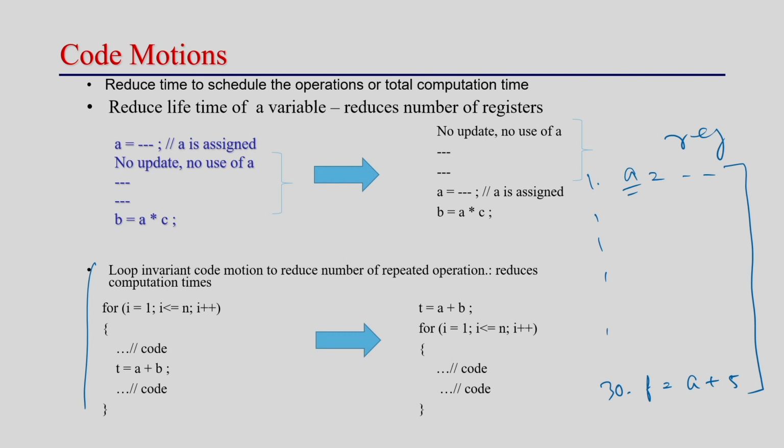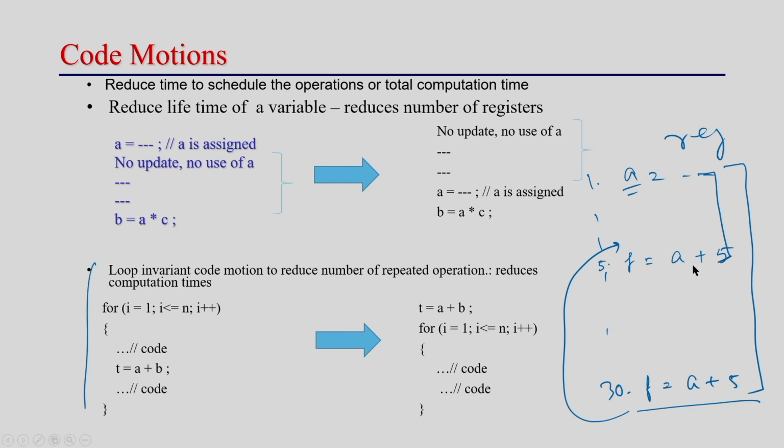But it may be possible to move this operation a little bit earlier, say to line number 5, without touching the final output. Now the lifetime becomes only 5 units.